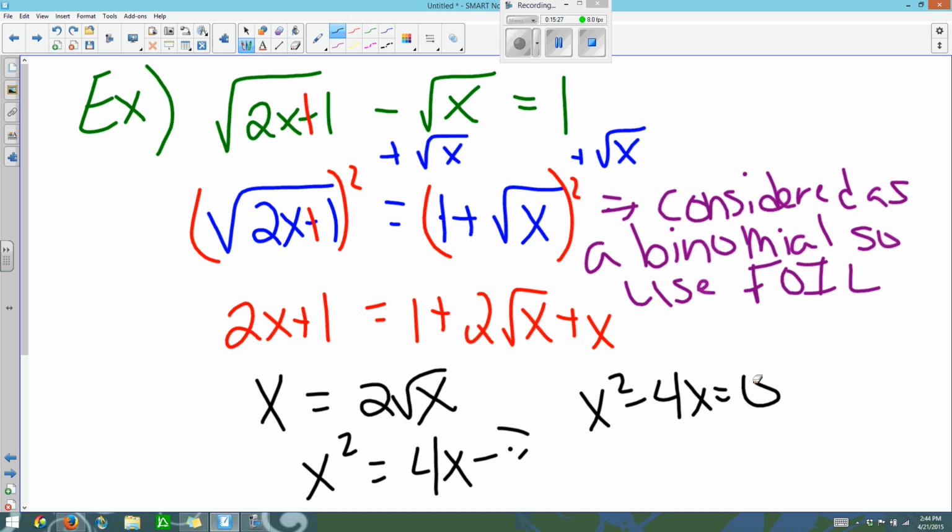Try to set it equal to 0, and then you can solve it that way and through this, and you'll get x equals 0 and 4, and then check for, since you have 2, check for extraneous solutions that way.